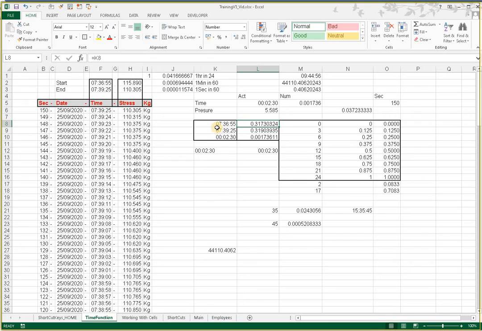So 7:36:55 is parts of the day. We are 0.317 part of the day into the day. I've shown that here. At the beginning of the day, at 12 o'clock, we are exactly at half the day. So 0.31 is a little bit before 0.37, so we're in between 6 and 9.